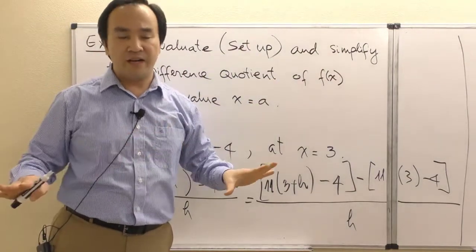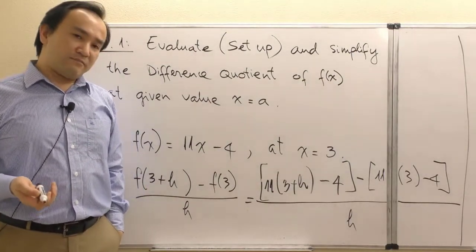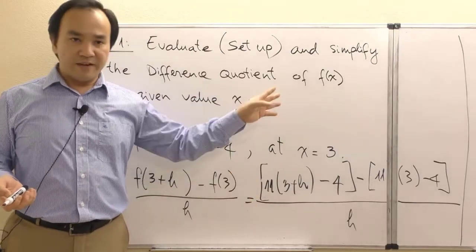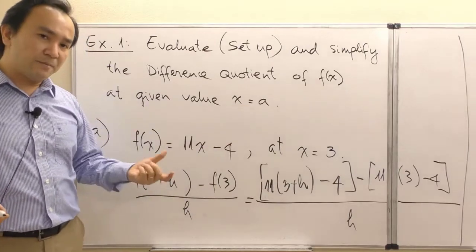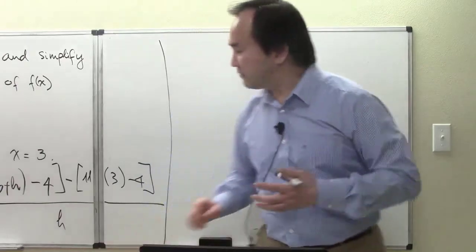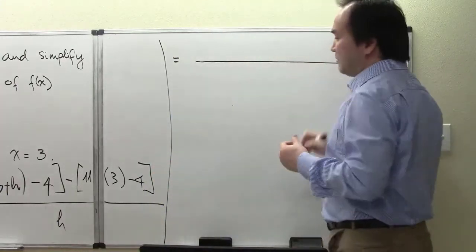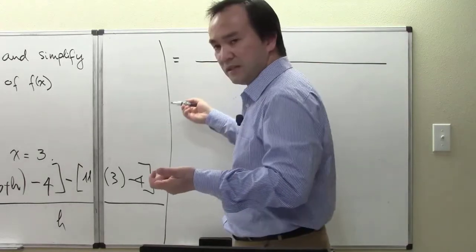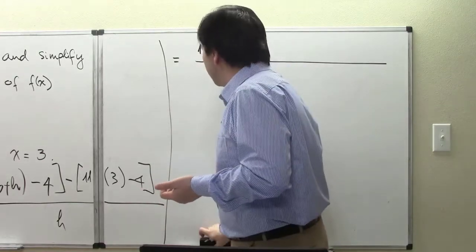This is very common work any time you are working with a difference quotient, and this kind of example should have already existed in your previous course before calculus, so I'm not going to spend too much time here. Let's start picking up pace a little bit. So after the setting up point right here, in my numerator, 11 times 3 plus h, a simple distributive law is going to take me into 11 times 3 is 33.